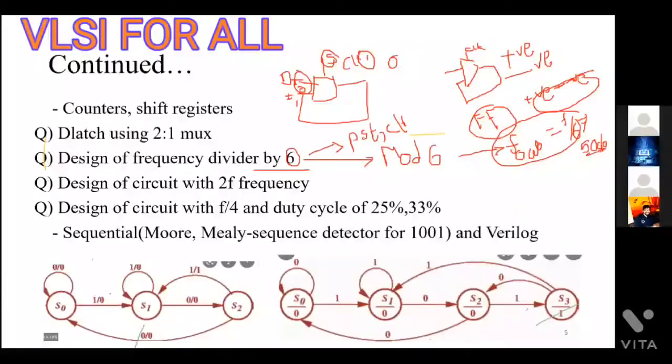Now, in order to implement a circuit of 2f frequency, this is not possible with a counter because in a counter, the output which we obtain is a frequency division. So if you give an f clock, the output which you obtain will be less than f. You cannot go greater than that.